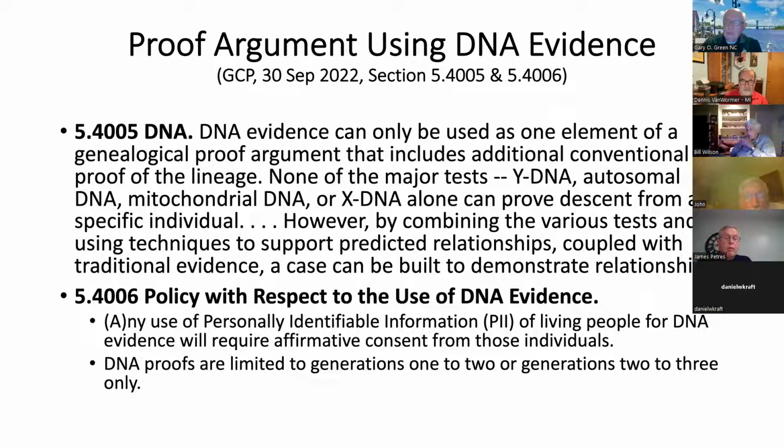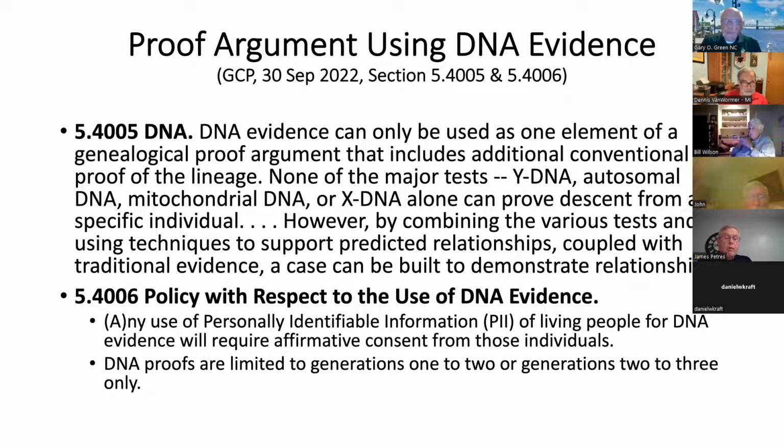There are forms on the SAR website under the genealogy resources and under the member forms and manuals. There's one for the applicant to sign, and there's another one for each person that's used in a match to agree to and sign to give consent.